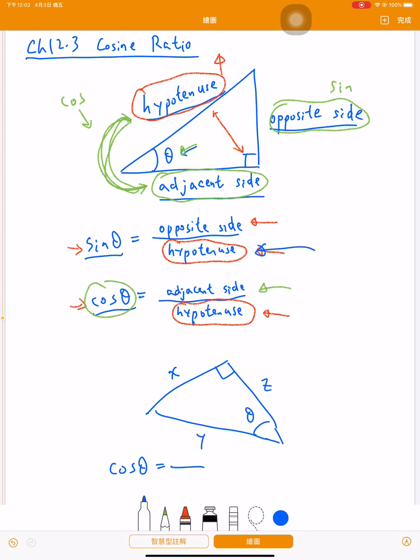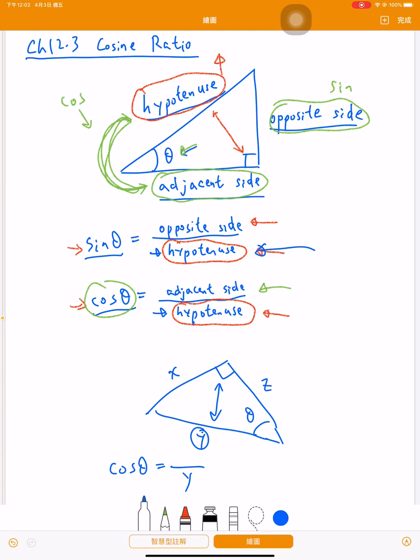The hypotenuse this time should be y, right? Because it is opposite to the right angle, and it is also the longest side in this right angle triangle. So I put the hypotenuse in the denominator, because for sine or cosine the hypotenuse is always in the denominator.